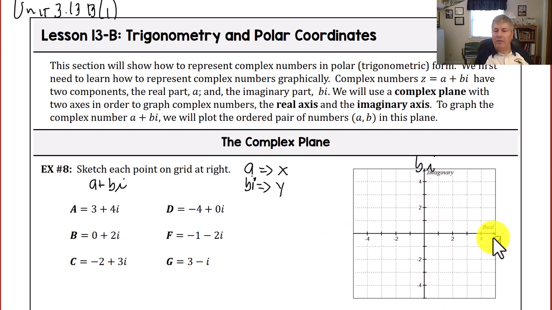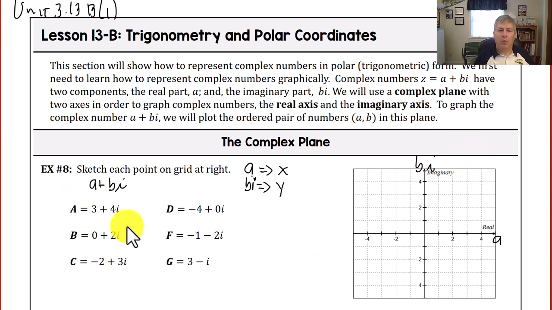Our real axis will be the a value, or the leading number in the a plus bi, and the imaginary axis will be our former y-axis. Okay, and that'll be the bi part. So we've got a real axis, which is the old x-axis, and the imaginary axis, which is the old y-axis. And we can plot ordered pairs (a, b) on this particular plane.